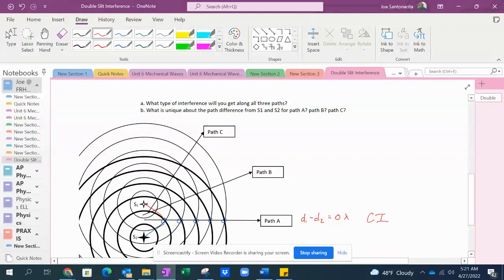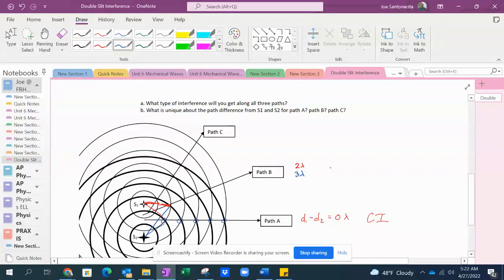Path B, as we were discussing earlier, if I look at path B here, one wavelength, two wavelengths for a point of constructive interference on here, and then if I look at the same for S2, I get one wavelength, two wavelengths, three wavelengths.